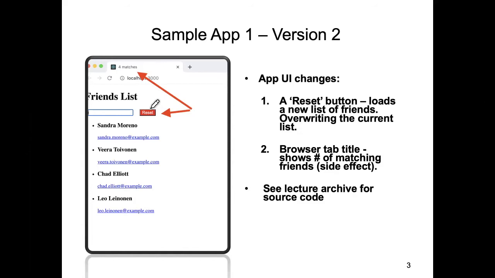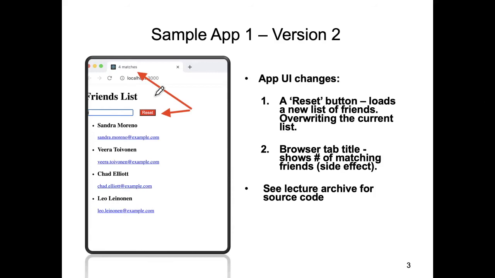I don't add the friends to the current list, I just overwrite the previous set of friends that I got from the web API. So the net effect is two things: I'm making a new API call, and I'm overwriting the state variable that's holding on to the list of friends.